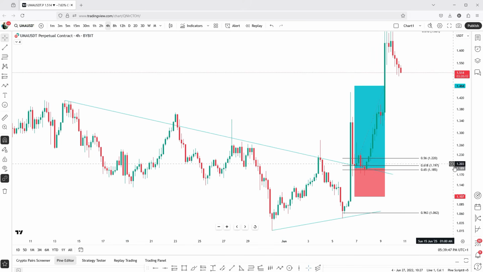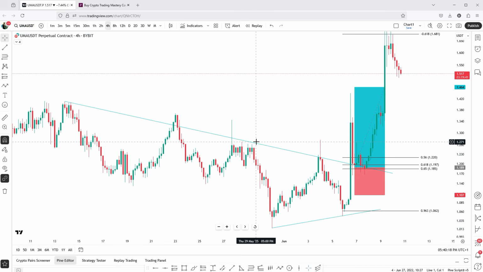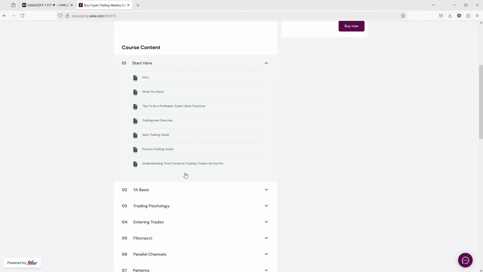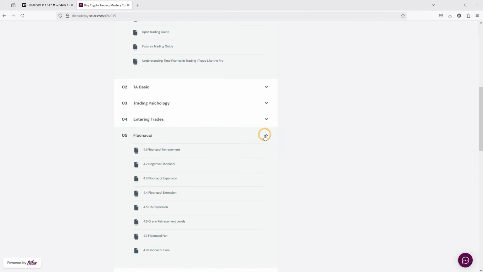What you need to make consistent profit is an understanding of how the market works. Understand the basics of market structure, and understand how to use the drawing tools on TradingView, most especially the Fibonacci tool. It will help you go a long way, even if you're a complete beginner in this space. If you want to learn more about this, we have a step-by-step course that teaches you everything about trading and technical analysis, and one of the modules talks about Fibonacci.